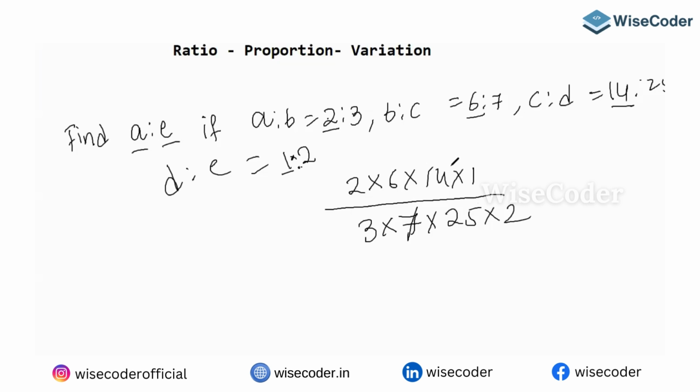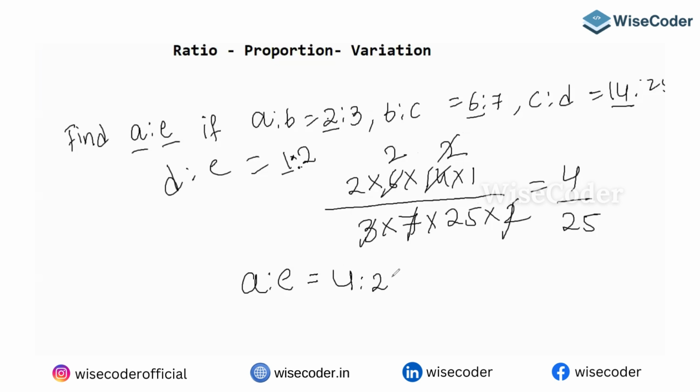After simplifying, we get 4 by 25. Then A is to E is equals to 4 is to 25.